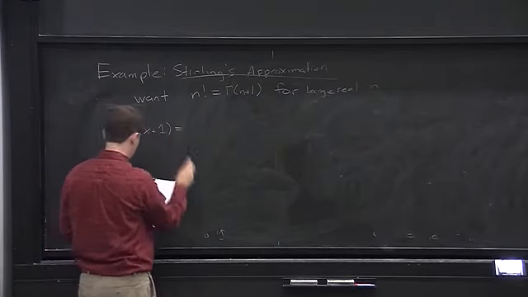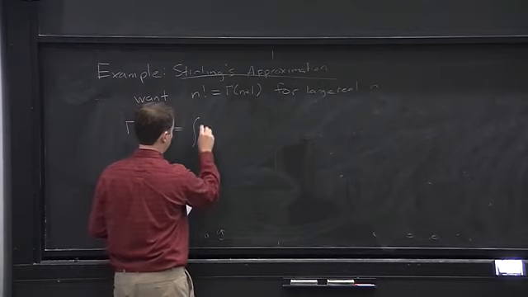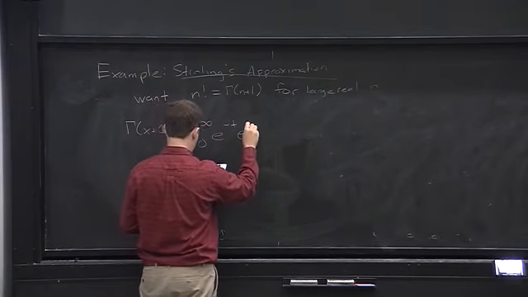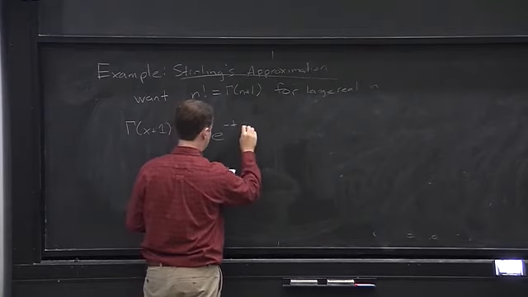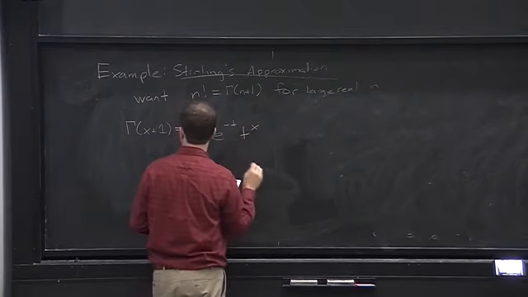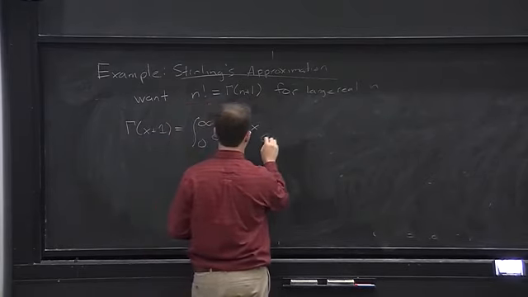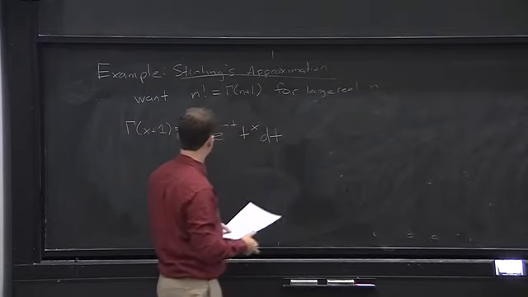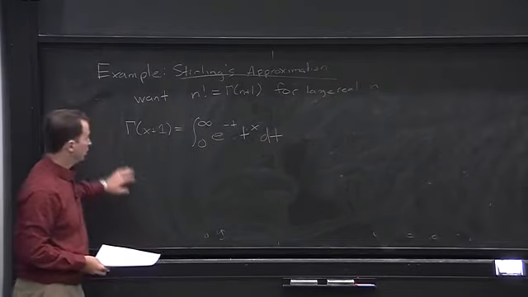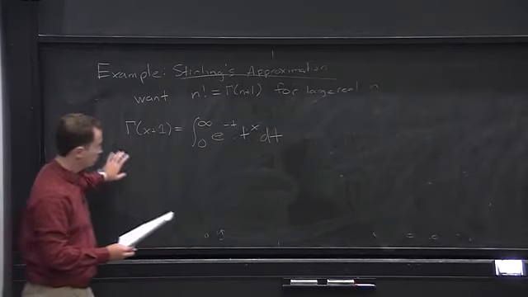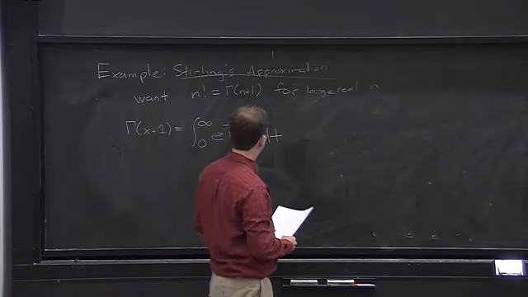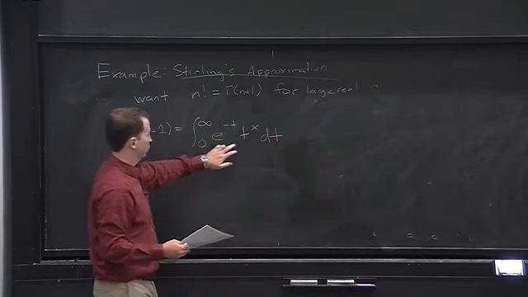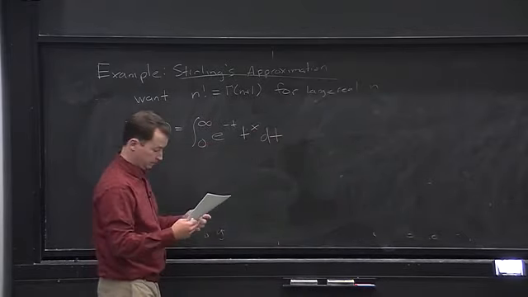And as we saw at the beginning of lecture, gamma of x plus 1 is given by this integral. We're interested in approximating this integral for x large.